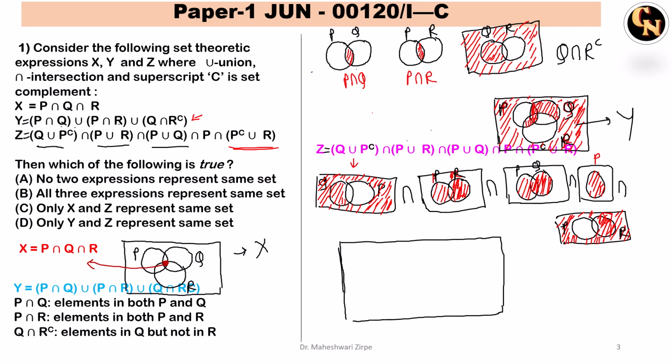It is simply P, Q, R. There are only 3 sets in all of these. So there is P, there is Q and there is R, correct? There are 3 circles. Now they have said that if all these diagrams intersect, which is the exact intersecting point? Let me draw it in a proper way. So which is the exact intersection of all these diagrams?